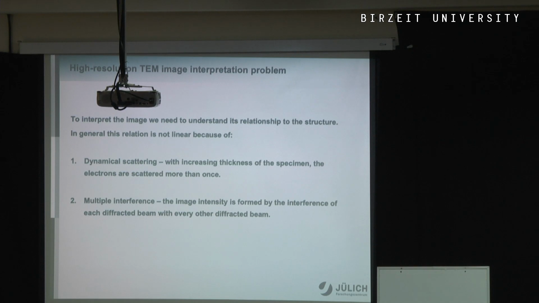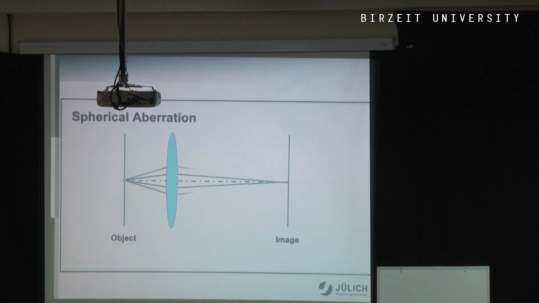Now, I mentioned aberrations as one reason why resolution of electron microscopes is limited, and also why you don't normally use electrons which travel far from the optic axis of the microscope. The main resolution limiting aberration in electron microscopy is spherical aberration.